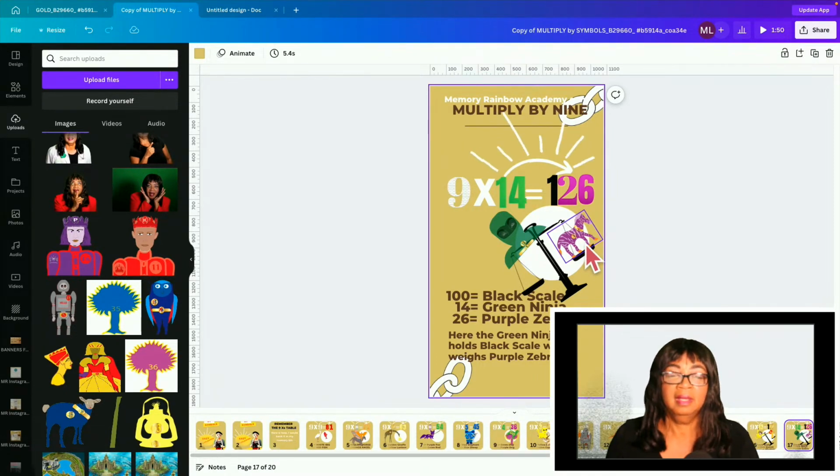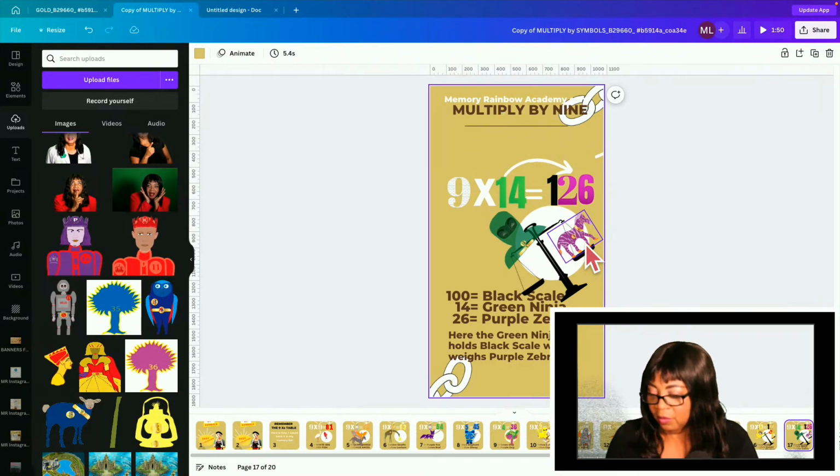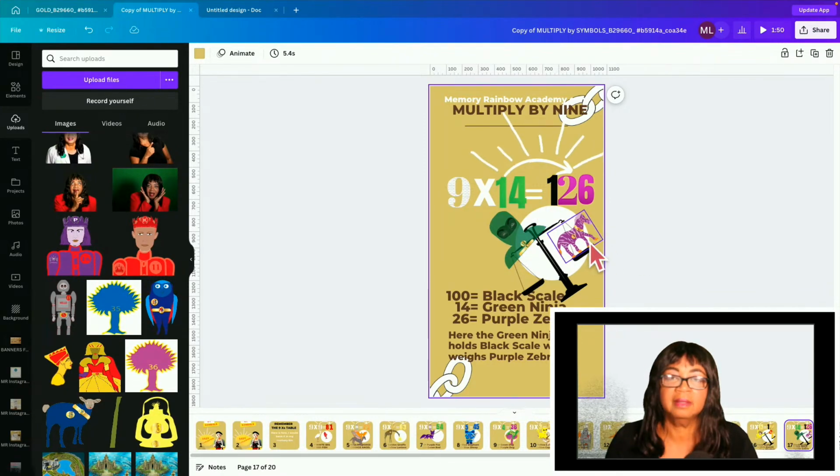26, Z. The last letter of our regular alphabet is 26, and we don't use that letter that much in the English language, so zebra should be very familiar. So think of the ninja and the zebra, and put those two together. That's going to be 9 times 14.